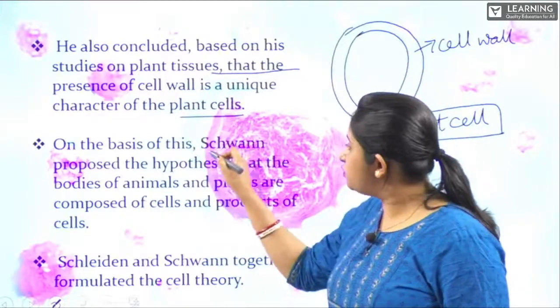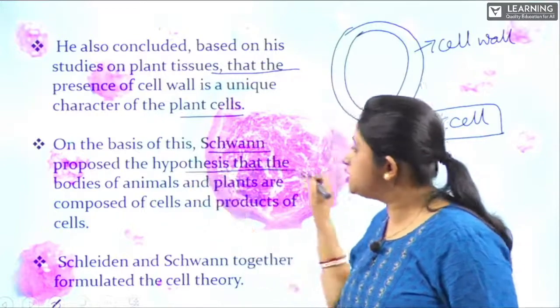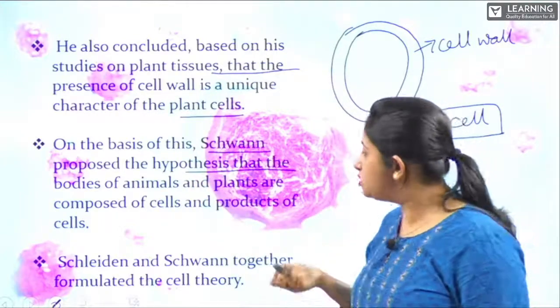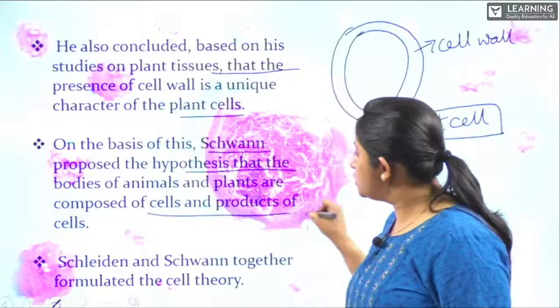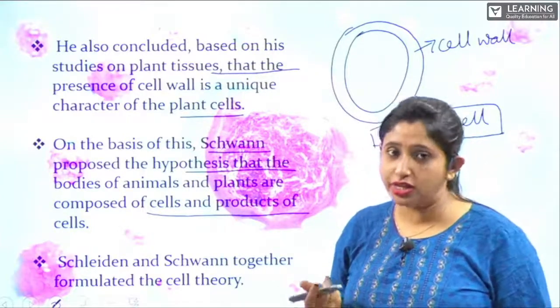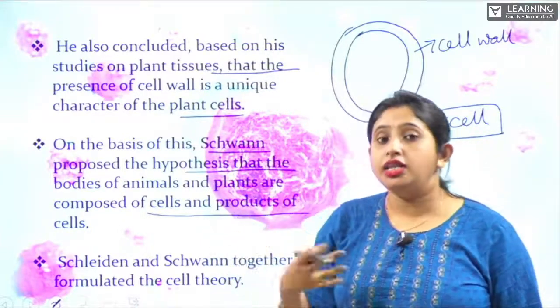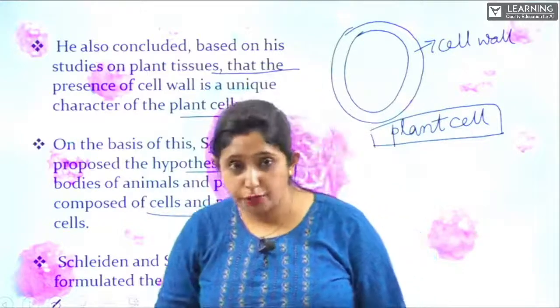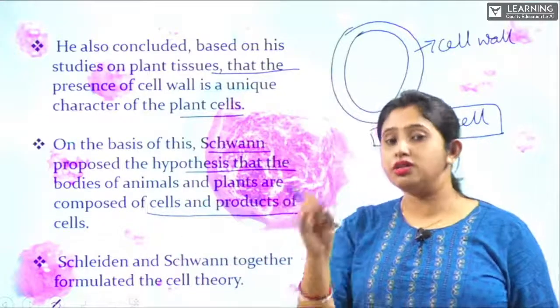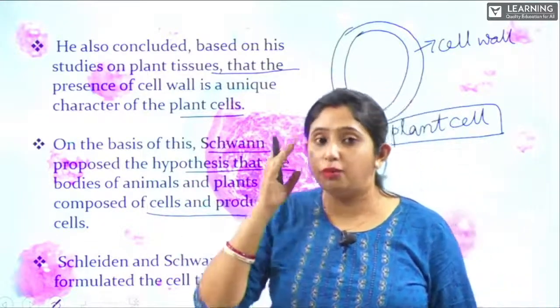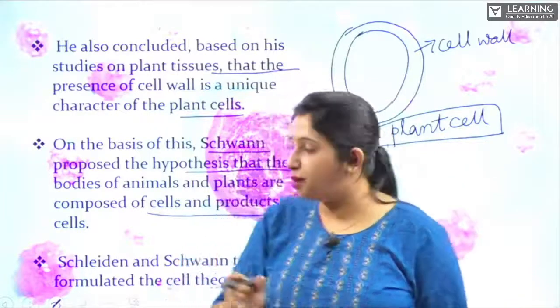On the basis of this, Schwann proposed a hypothesis that the bodies of animals and plants are composed of cells and the products of cells.